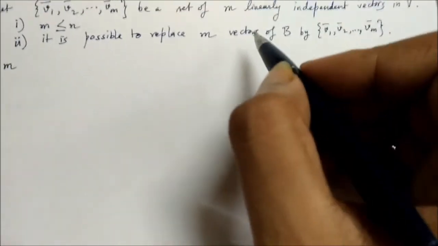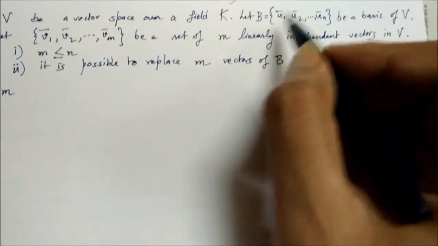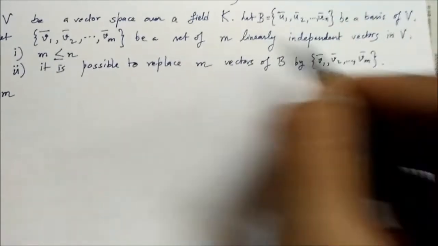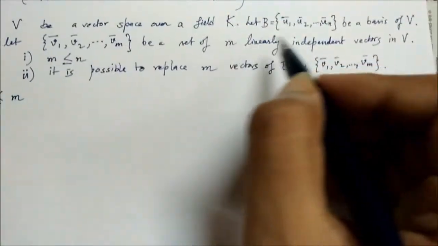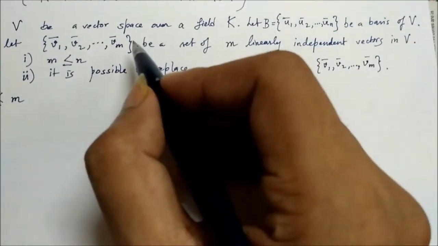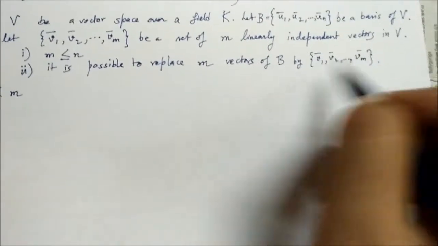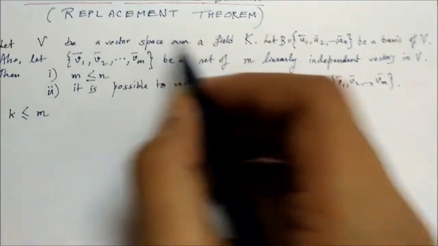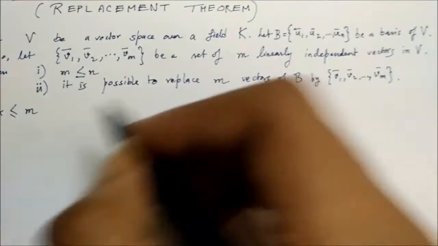That is, you are replacing m vectors out of this by these vectors, so that these vectors together with n minus m vectors of B form a new basis of the vector space V. Okay, bit confused with all the notations?